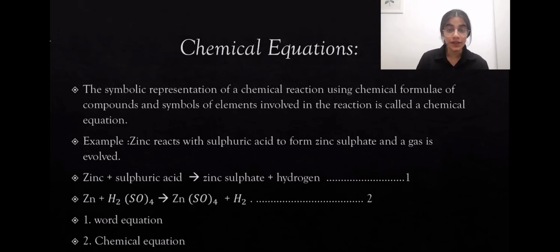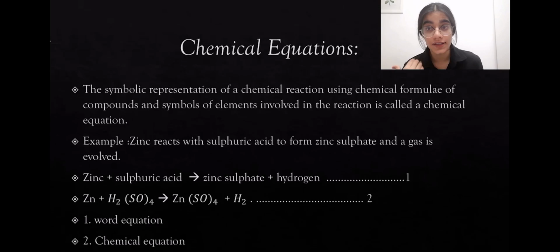But this would be a bit difficult to understand. Hence, we use symbolic representations. The symbol of zinc is Zn. The formula for sulfuric acid is H2SO4. The arrowhead determines the direction in which the reaction is proceeding.